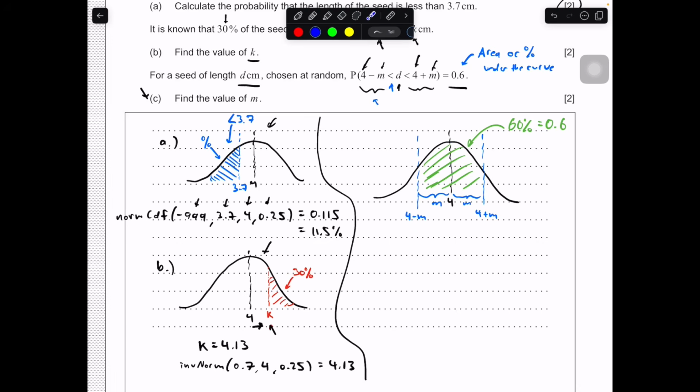If we're talking about 4 minus m and 4 plus m, these are the cutoff points where we're going to have 60% or 0.6 of all of our seeds between these two cutoff points of this range right here. So the probability that we're within this range is equal to 0.6.